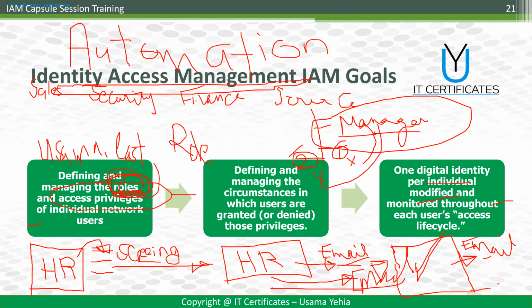And the same concept applies if you are moved from one location to another. HR says that Osama has moved from the security department into the IT department. When I move, it updates the HR system. The HR system sends an email to the managers of the security and IT departments. When both of them approve it, it sends an email to the security team.